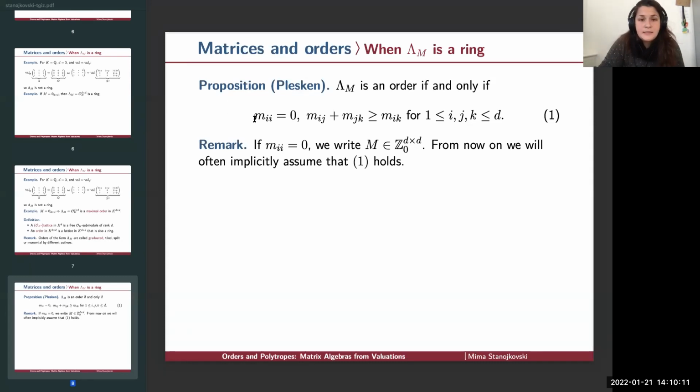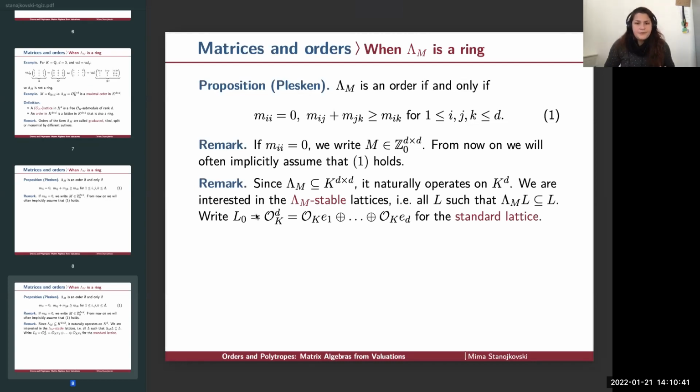And since these matrices, the ones with zeros on the diagonal, are important for us, we decorate Z^(d×d) with a 0 to indicate the matrices that have zeros on the diagonal. And every time I talk of rings, when I say Lambda M and imply that it's a ring, keep in mind that it has to satisfy this. Very good. Okay.